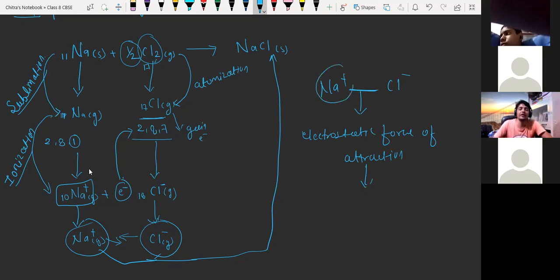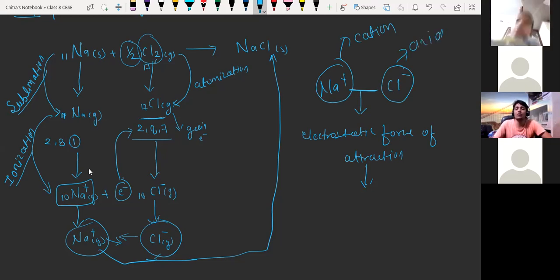This positive ion is called a cation, and the negative ion is called an anion. The force of attraction that works between cation and anion is called the electrostatic force of attraction, and this is also called an ionic bond because it is present between ions.